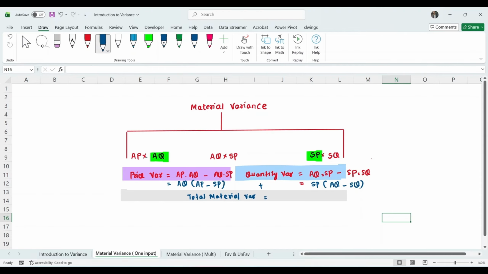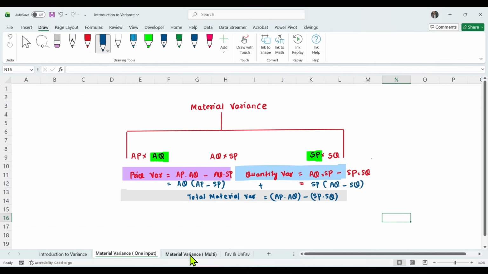That will be equal to AP times AQ minus SP times SQ, which comes from here, this part minus this part entirely. So all these formulas we don't have to remember. If we just understand the order, we can reconstruct it.